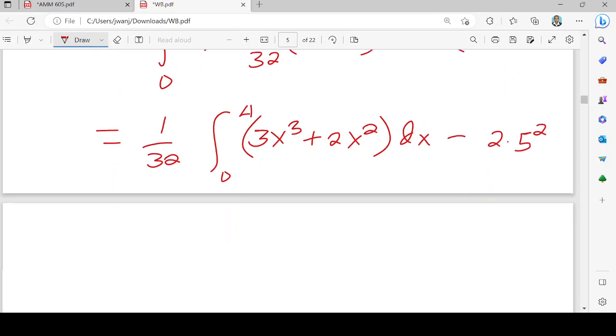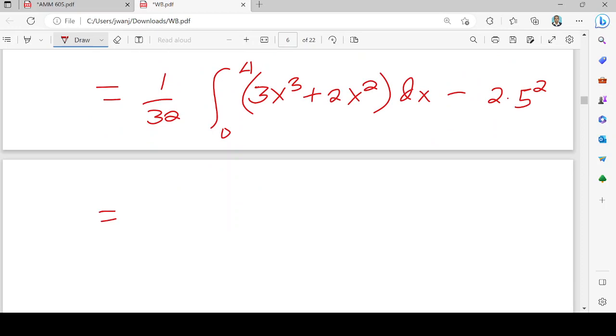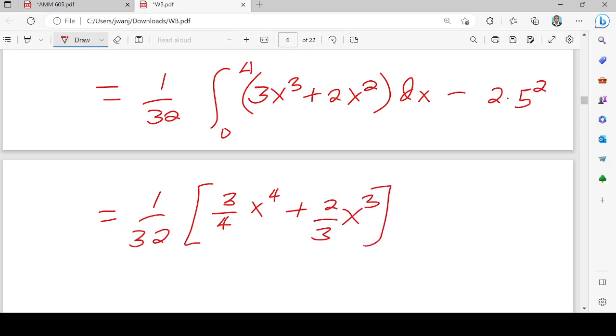So integration now will give us 1 over 32. The integral of the first term will give us 3 over 4, x raised to power 4. The second term will give us 2 over 3, x raised to the power of 3 from 0 to 4. Then minus 6.25, which is the square of 2.5.